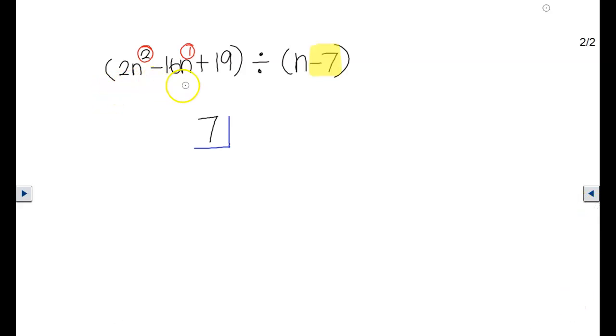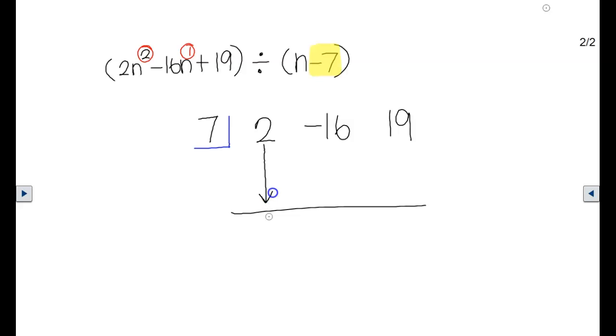We have 3 terms, so we're going to need 3 coefficients. So it's going to be 2, negative 16, and 19. So we take the coefficients straight out of that trinomial and just write them down.